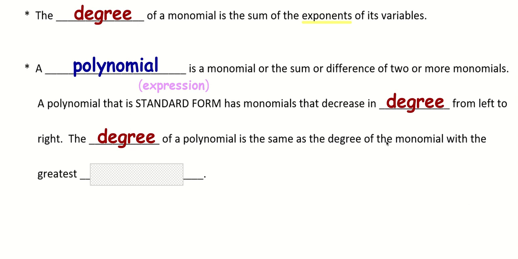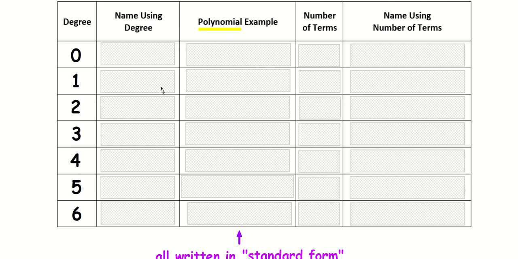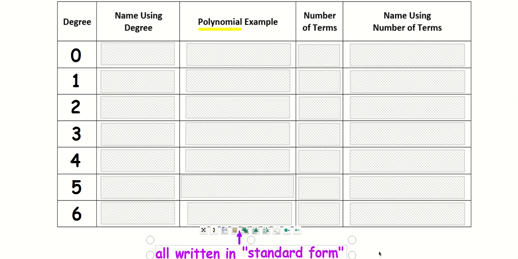The monomial with the greatest exponent, you go with that. But normally, it's really not that complicated. It sounds like it could get complicated. It normally doesn't.